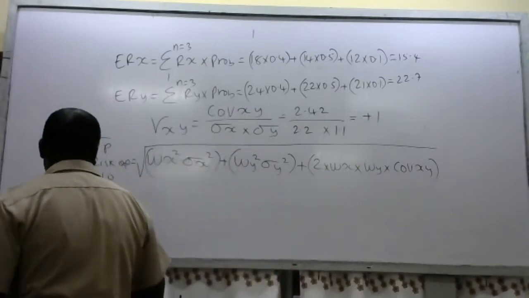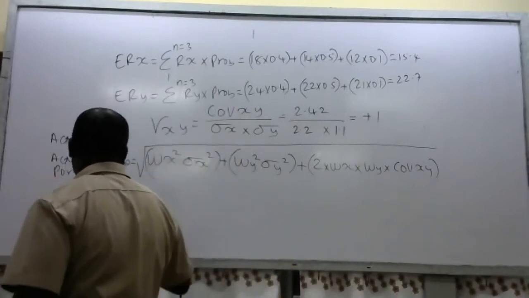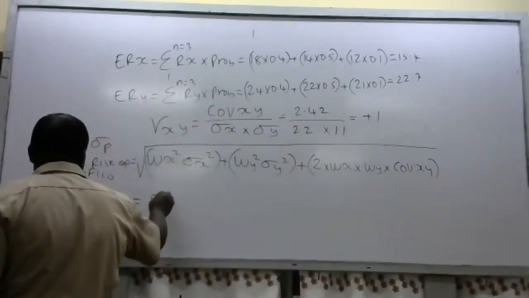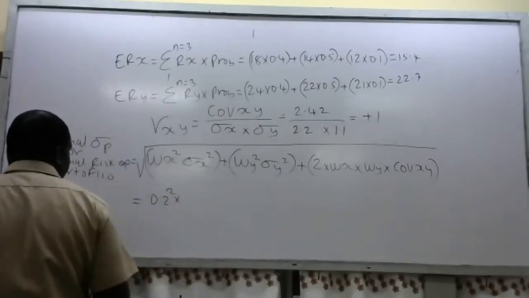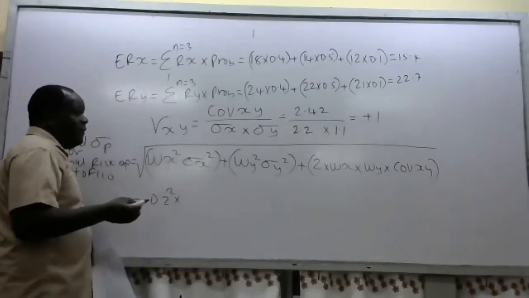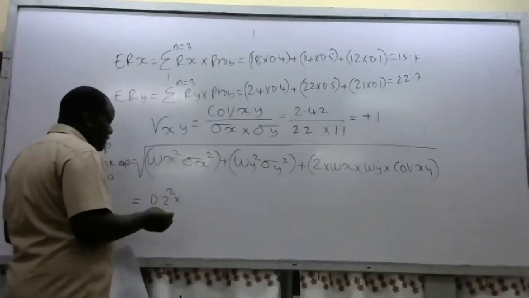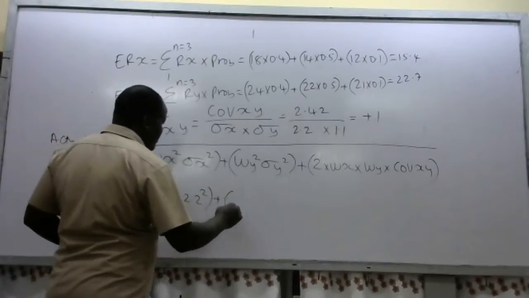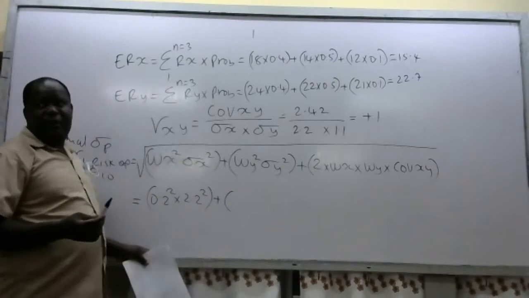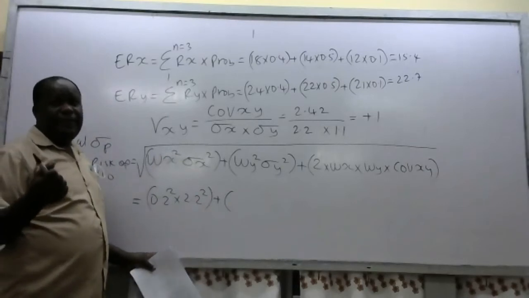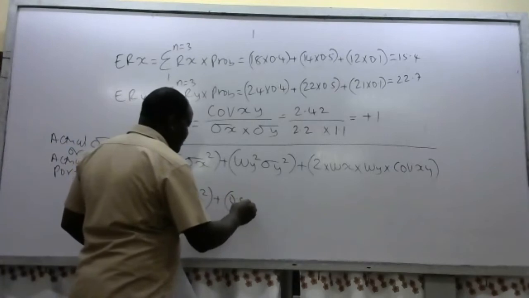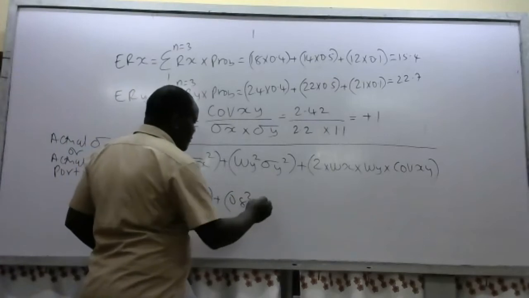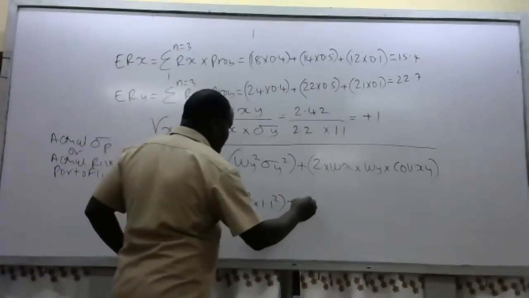So the weight for x, remember it was 0.2, so you get 0.2 squared. The variance for x, we already have it, but you simply square the standard deviation. That is 2.2 squared. Then we also add the weight for y, remember it was 0.8, so you take 0.8 squared. The variance for y, you take 1.1 squared.